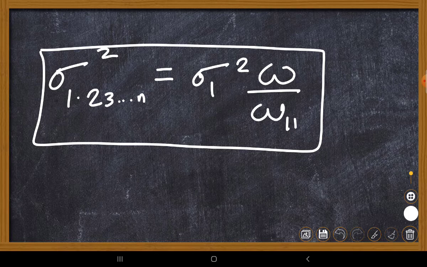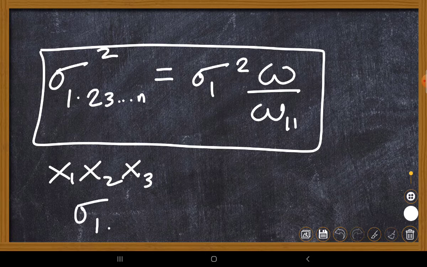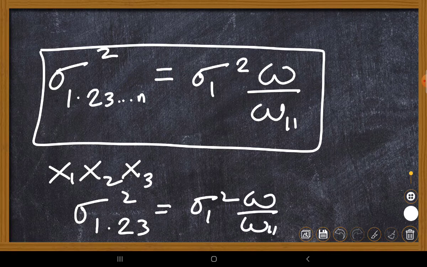Suppose you have only x1, x2, x3, then your variance of x1.23 will simply be sigma 1 square omega by omega 1 1 only. I hope this is clear. And please practice those properties and this derivation of the variance of the residuals again by yourself. It is not hard at all.